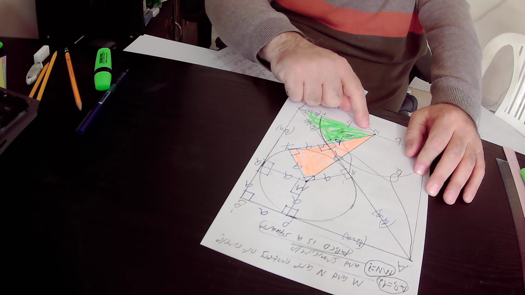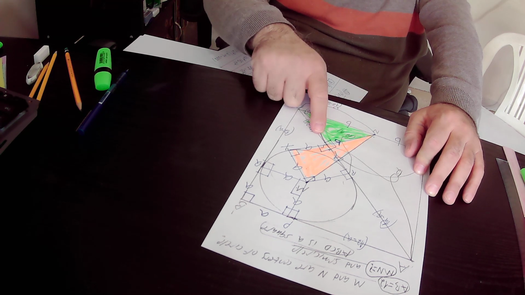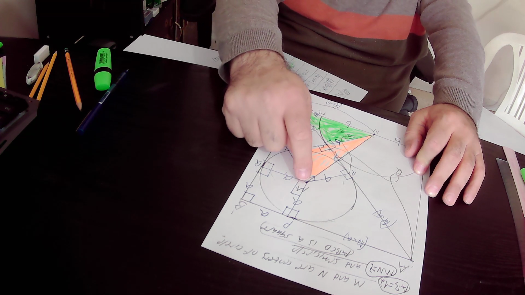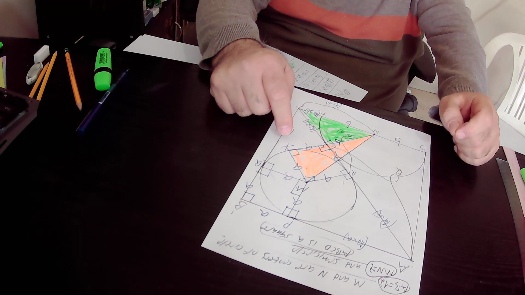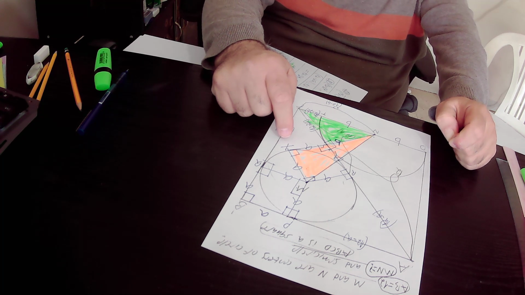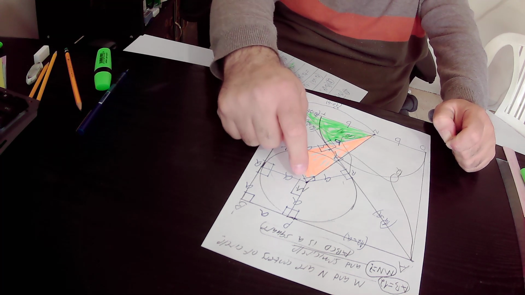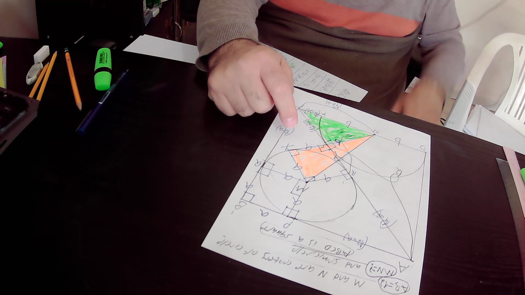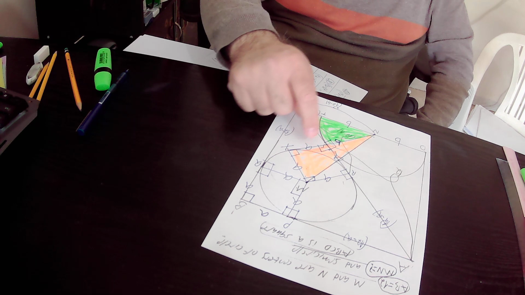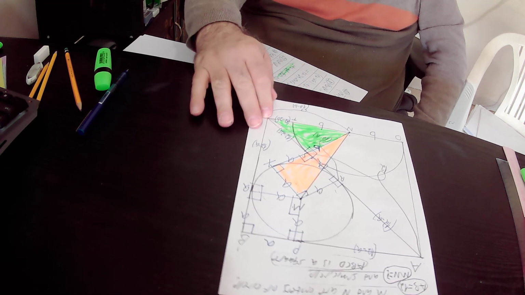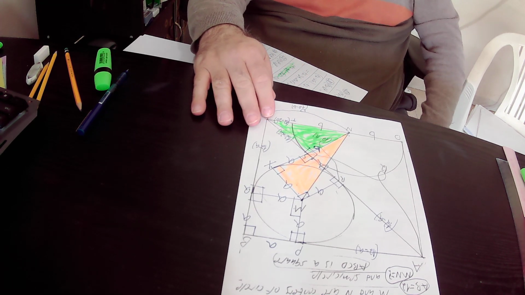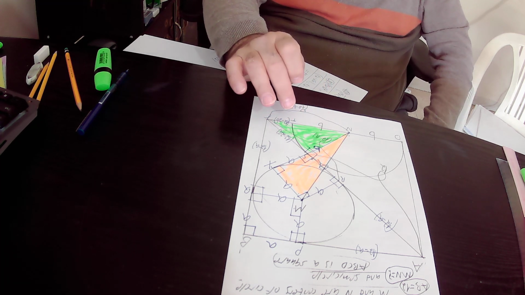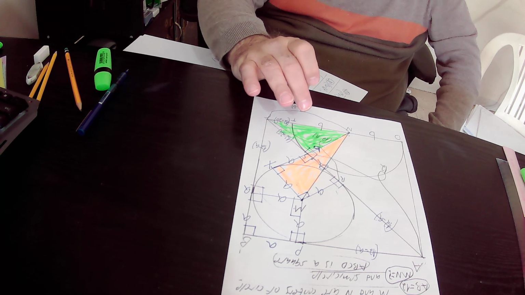And then we extended the radius NS until it intersects with the perpendicular from point M. We define the intersection point of the extended NS and the perpendicular from point M as X. So we have here quadrilateral RMSX, but here we know that NS is the radius of the semicircle, therefore it is absolutely a straight line.